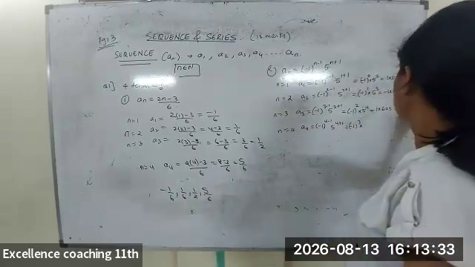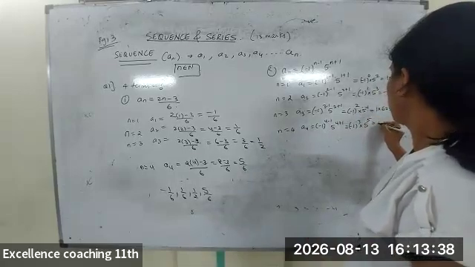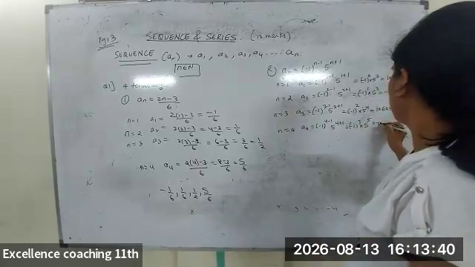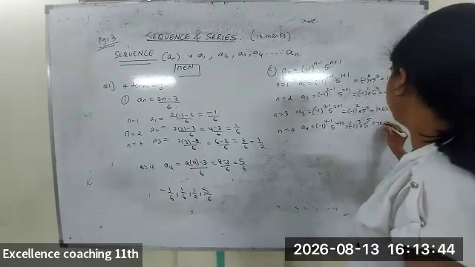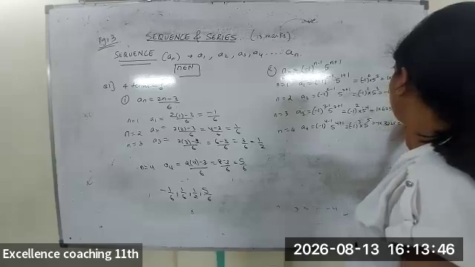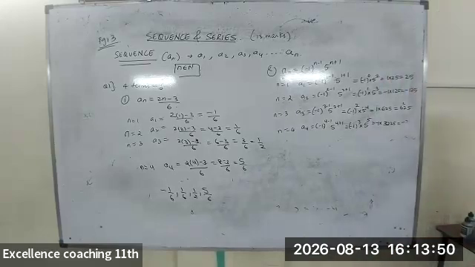Sorry. And 5 plus 3, 2 to 5. No, 3, 4 this time. 5, 5 are 25.